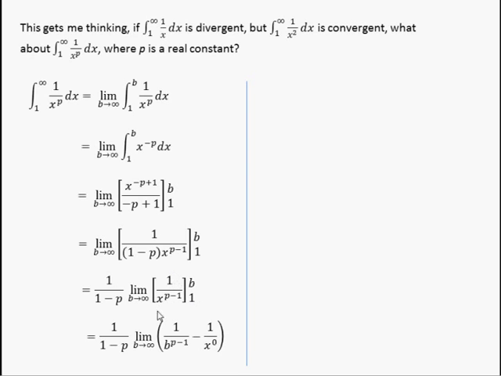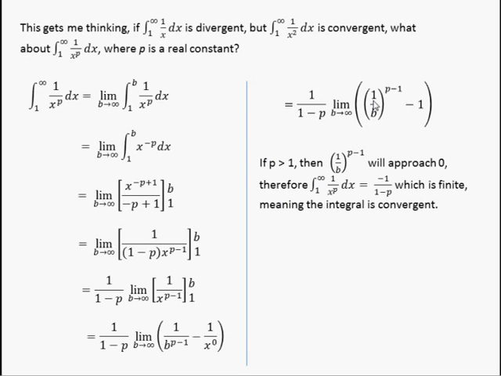So we get here 1 over b to the p minus 1, and this is a mistake, this is 1 over 1, which is 1. So there we go, that's our constant at the front, and the limit as b approaches infinity of 1 over b to the power of p minus 1, minus 1. Okay, we can't simplify any further, but let's look at that.